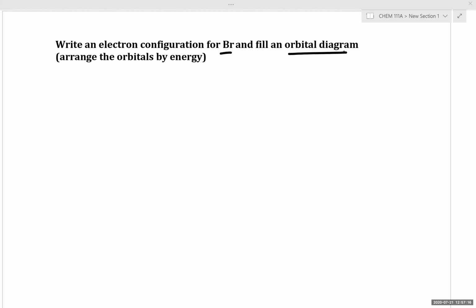Yeah, it's fine if you draw your orbital diagram horizontally as long as you're arranging the orbitals in order of increasing energy.